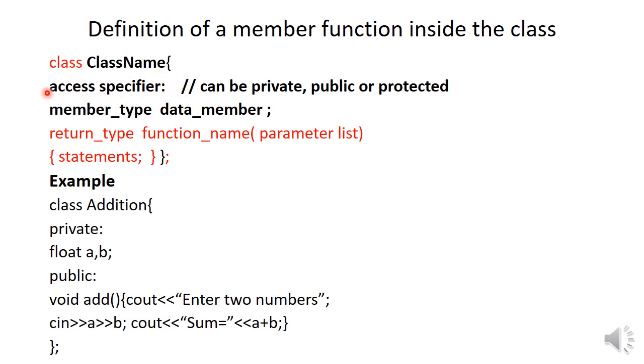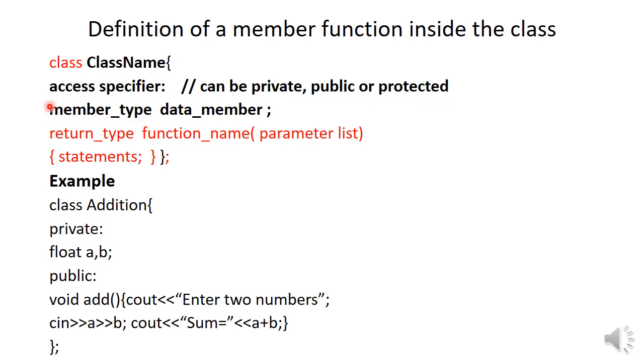Access specifier in C++ can be private, public, or protected. A private member of a class is only accessible inside of that class, whereas a public member of a class is accessible everywhere in the program, and a protected member of a class is only accessible inside the class, and it can also be accessed by child classes.